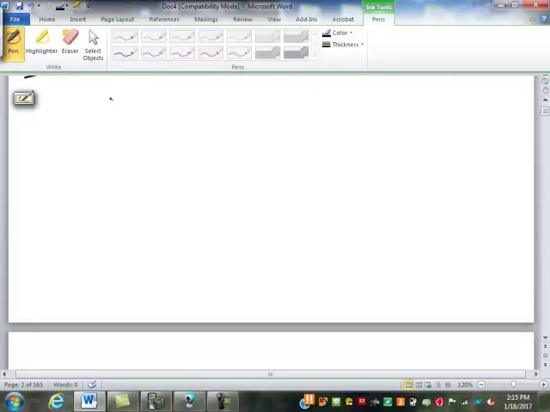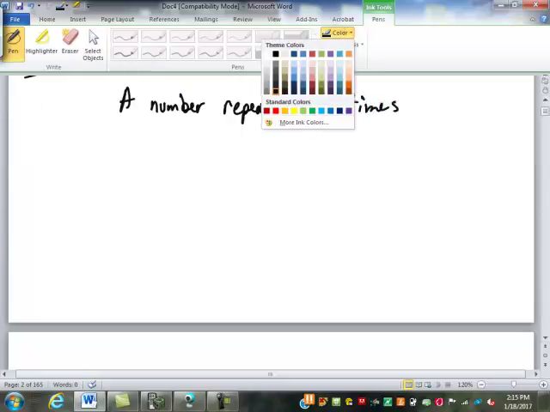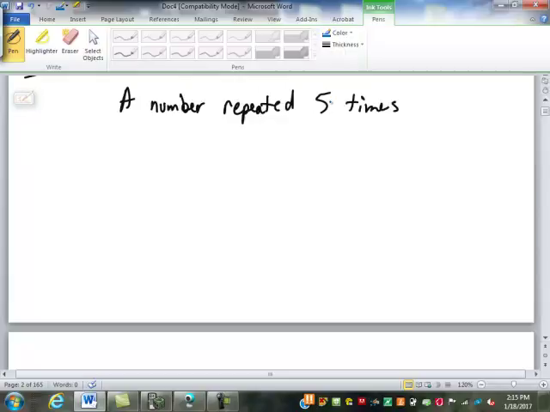So we can look at a number repeated 5 times. What operation is that one indicating? Multiplication, good. So a number repeated 5 times would be what in symbols?